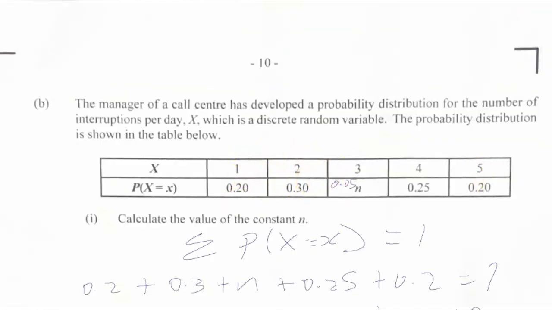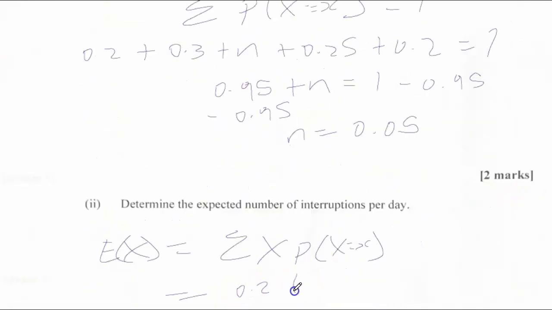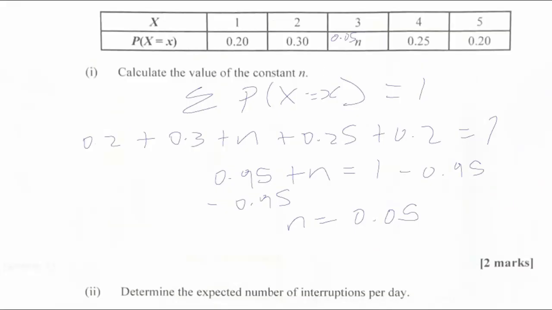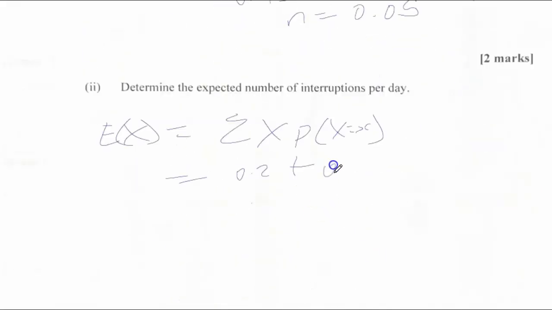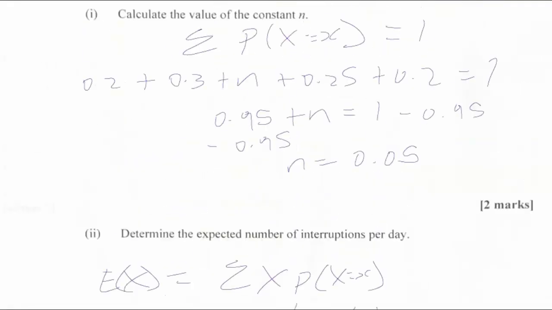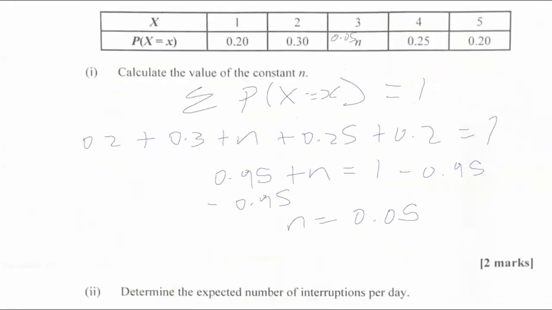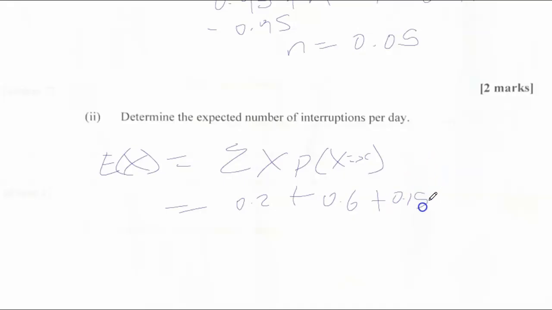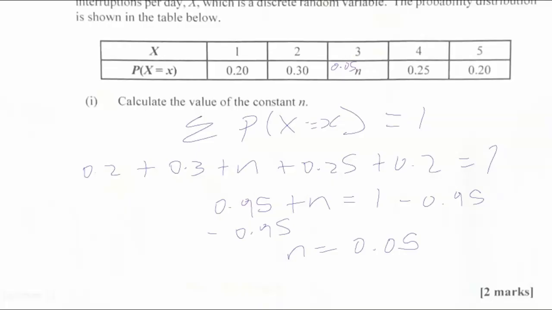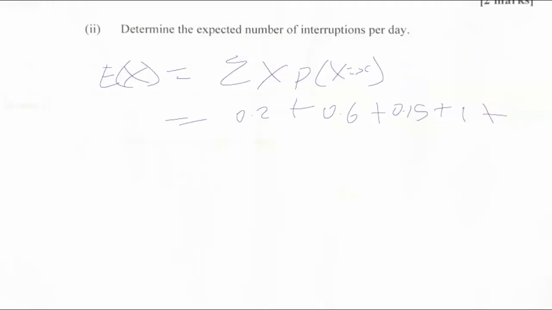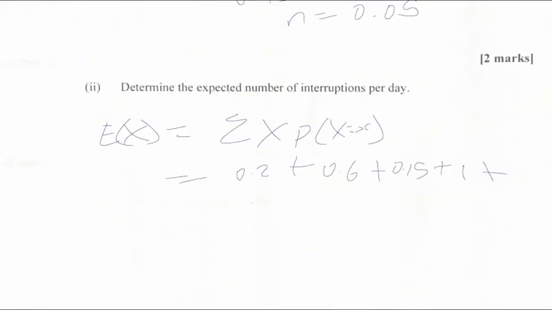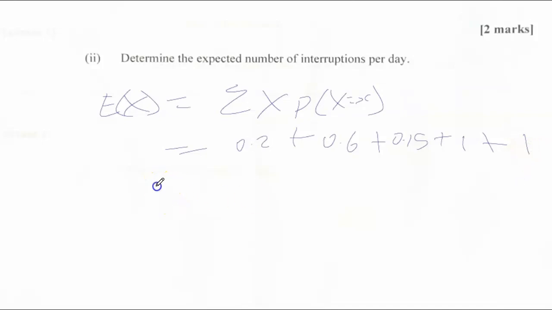So 1 times 0.2, that's 0.2, plus 2 times 0.3, that's 0.6, plus 3 times 0.05, that's 0.15, plus 4 times 0.25, that's 1, plus 5 times 0.2, that's also 1. So add all of these values, 1 and 1, 2, 0.2 and 0.6, that's 0.8, so 2.8 plus 0.15, that's 2.95.